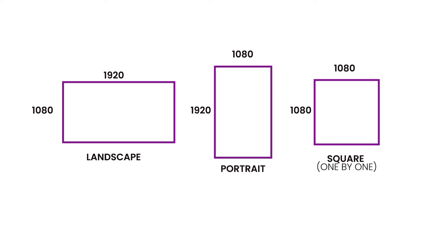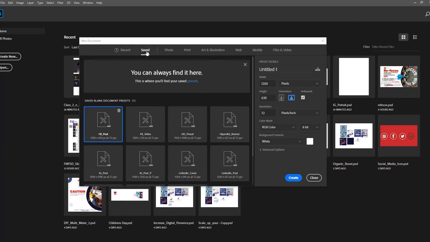What do I mean by one by one? Okay, let's go. The very popular landscape canvas size is 1920 by 1080, which we normally find. You can find that in the video section, 1920 by 1080, you find it here.